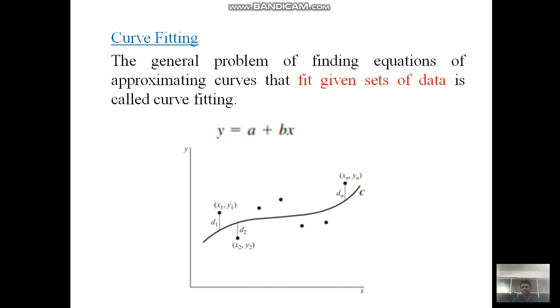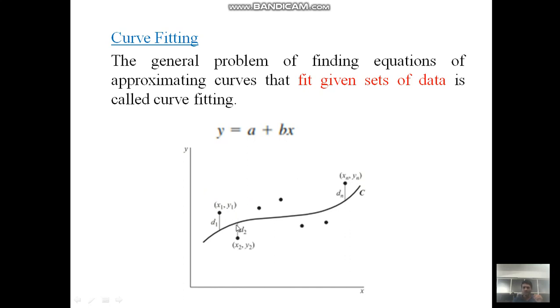These are the word-to-word definitions of curve fitting, but what the definition tells is this. Suppose we consider the R2 plane. In the R2 plane, suppose one point is x1, y1, on this curve.